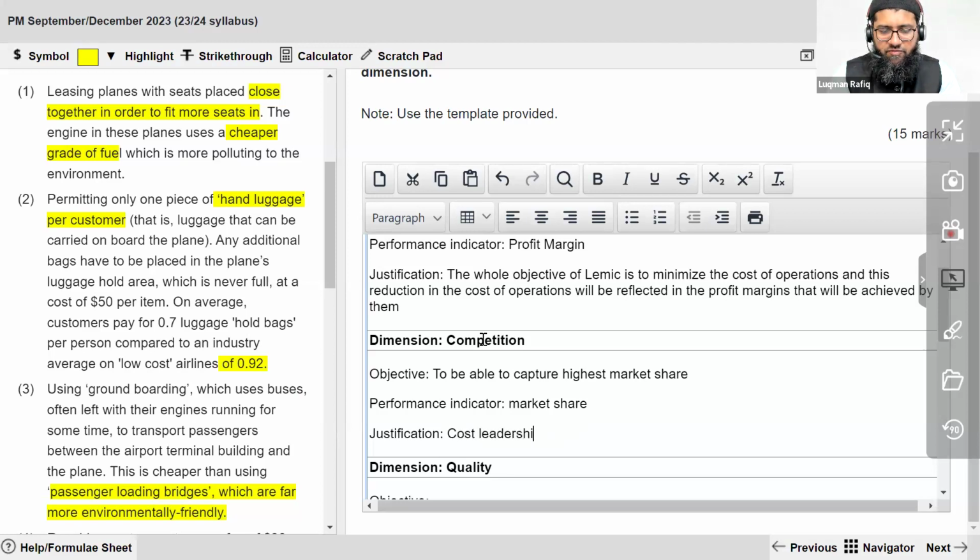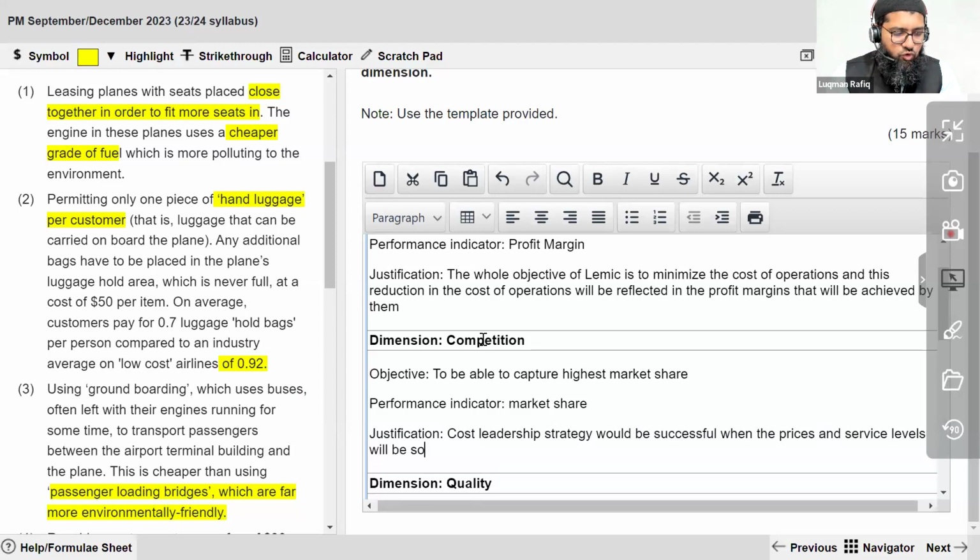The cost leadership strategy would be successful when the prices and service levels will be so high that the company is able to achieve the market leadership position.